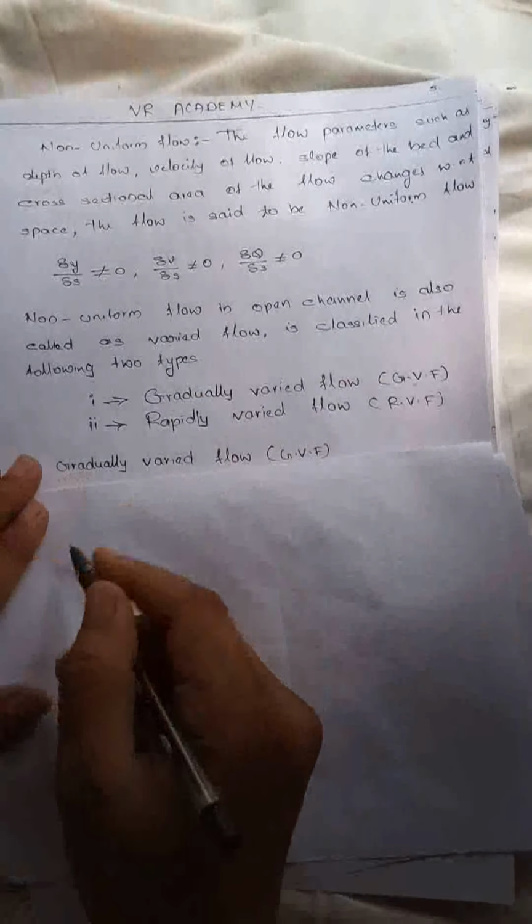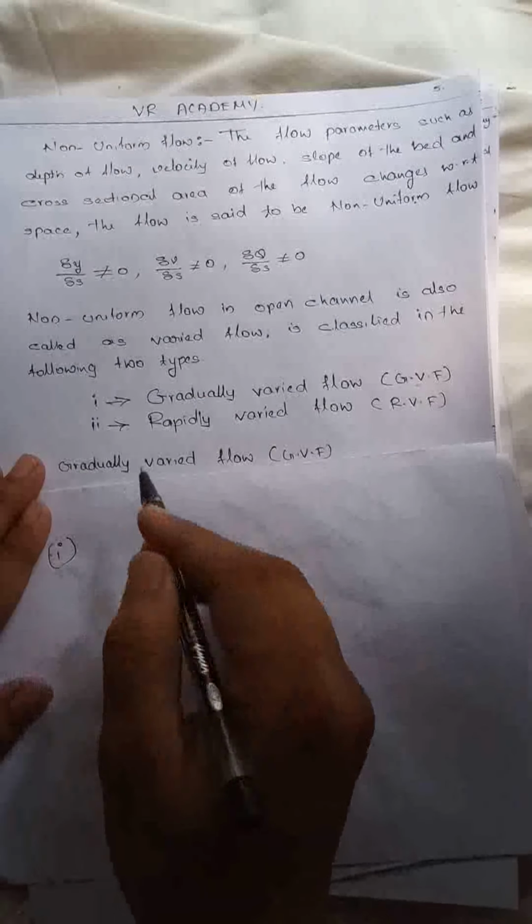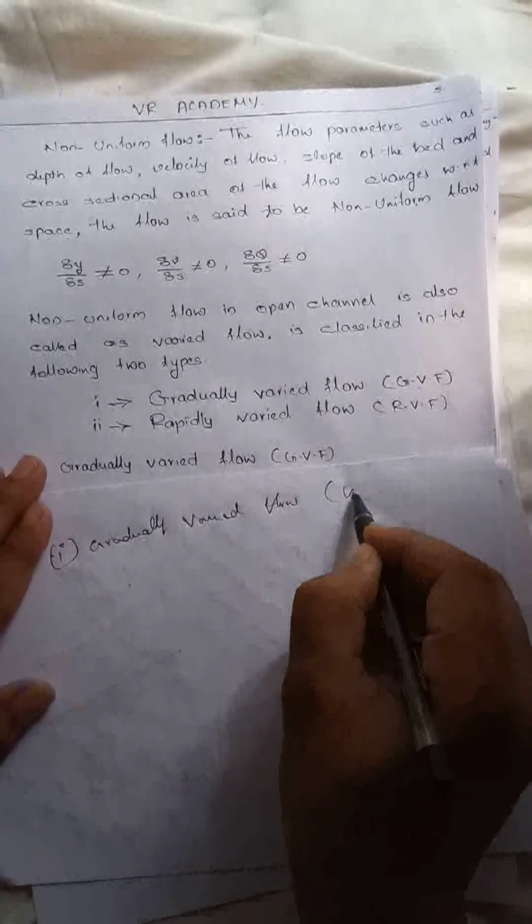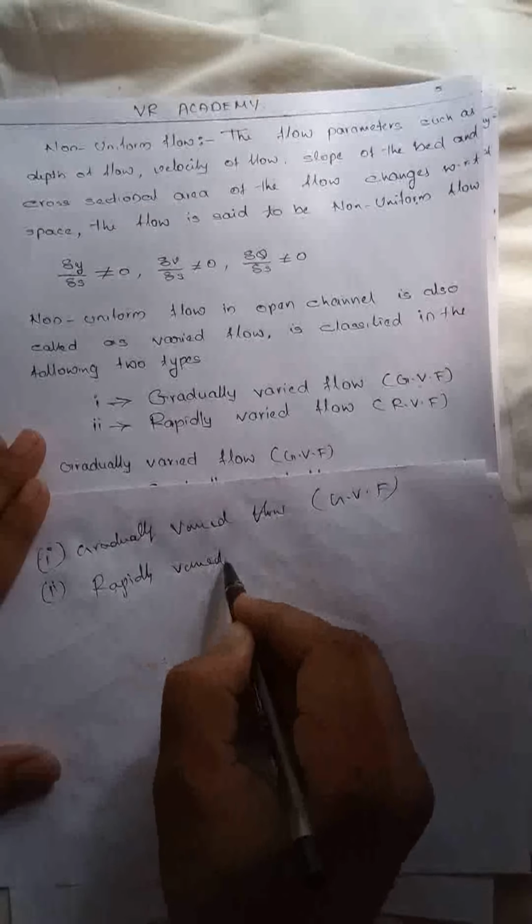The first one is gradually varied flow, and the second one is rapidly varied flow.